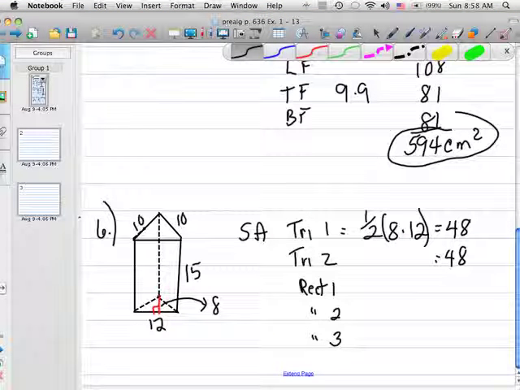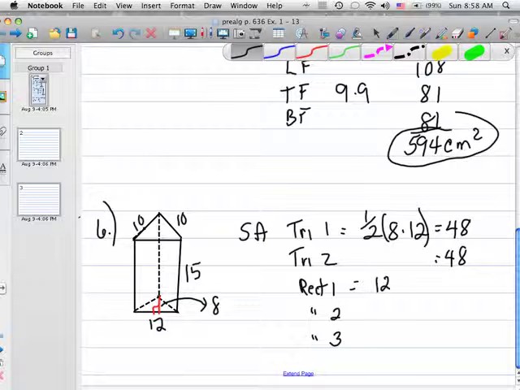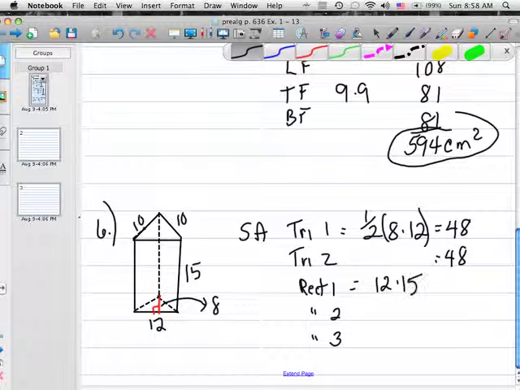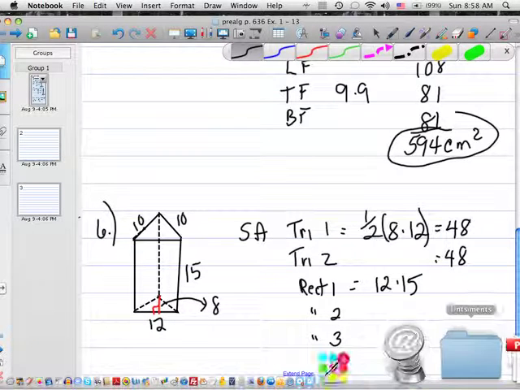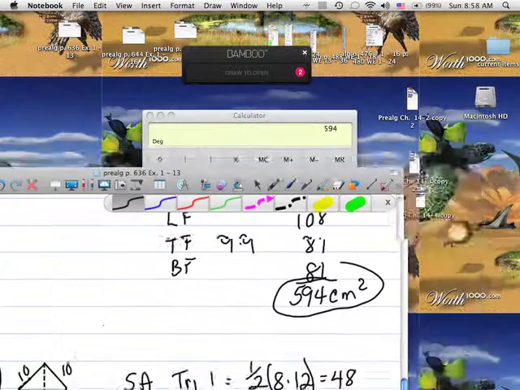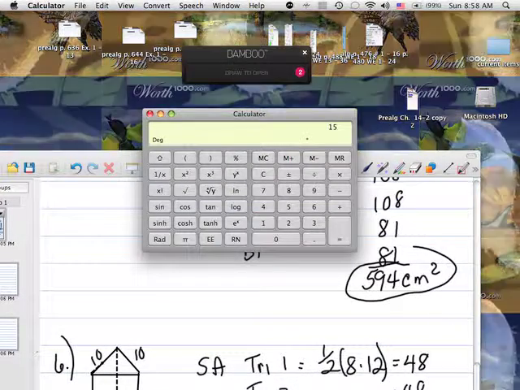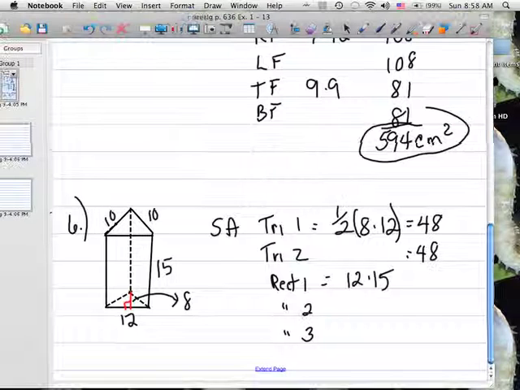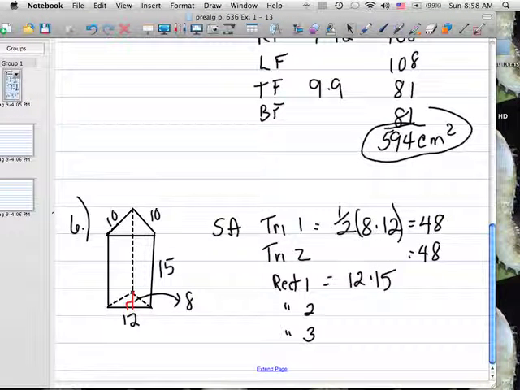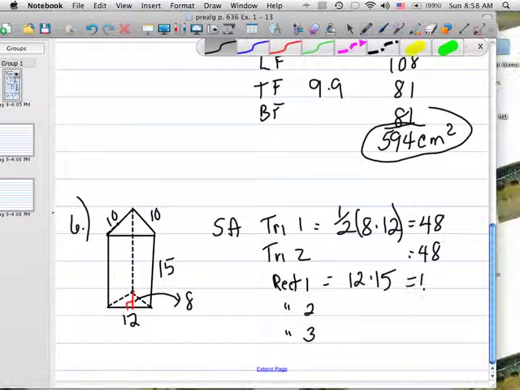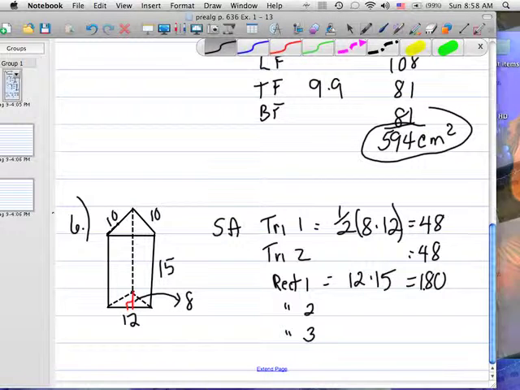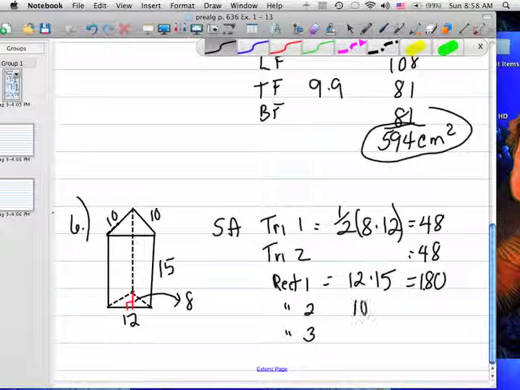Front one is 12 across and 15 long. So 12 times 15 is... So do I have a calculator back here? Okay, 12 times 15 is 180. And the one on the right is 10 by 15.